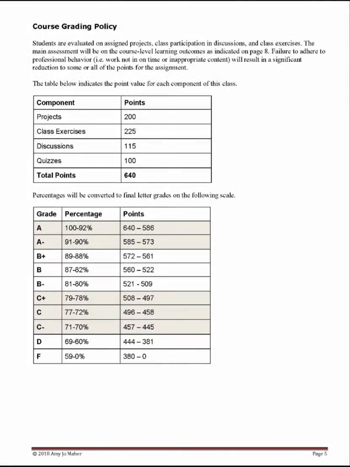The course grading policy. So again, looking at how this course is built, you will have two projects that will total 200 points. Here's a chart that shows how those points will be converted to percentage and converted to a letter grade.